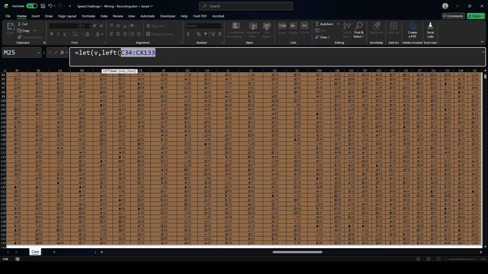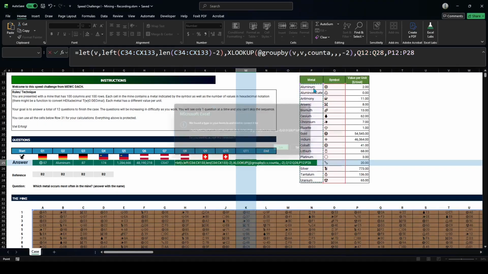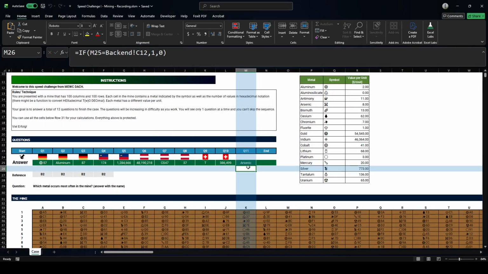The number of characters is len of that minus 2, just in case any of these are multi-width. At group by VV count A negative 2, and I'm going to X lookup that in the symbol, return the name. I still get arsenic.